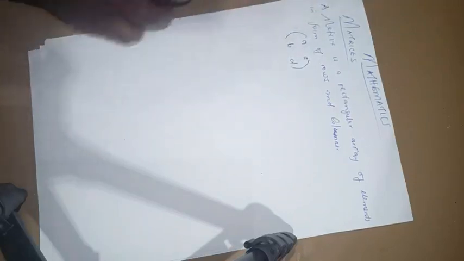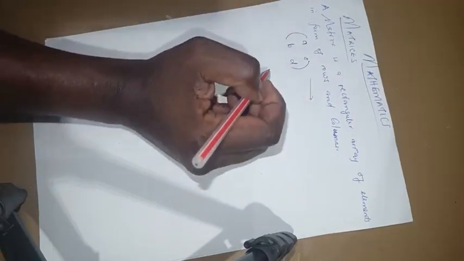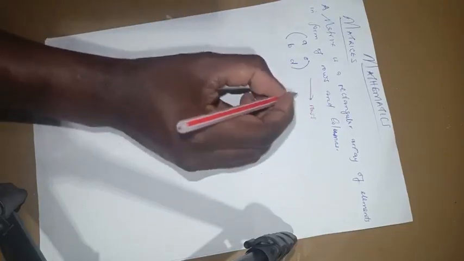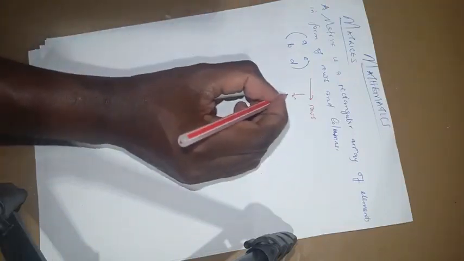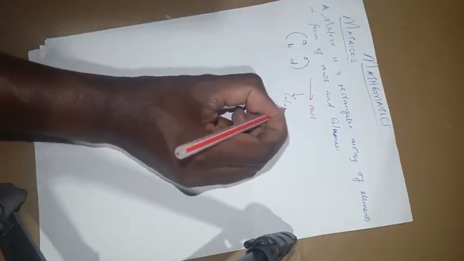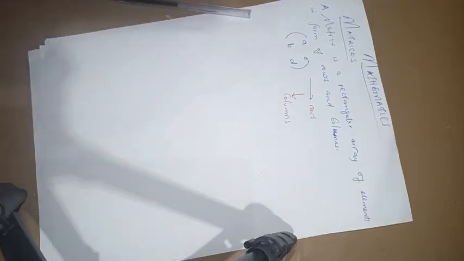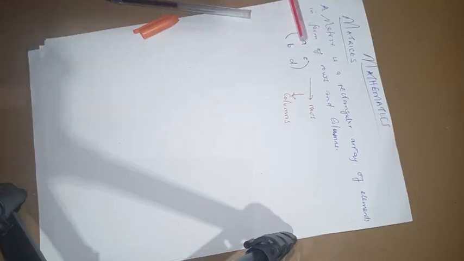So in short, as we go this way, horizontally, these are rows. Then as we go vertically, these are columns. So here we have 2 rows and 2 columns. What are the rows here? The rows, I'm saying as you go horizontally.